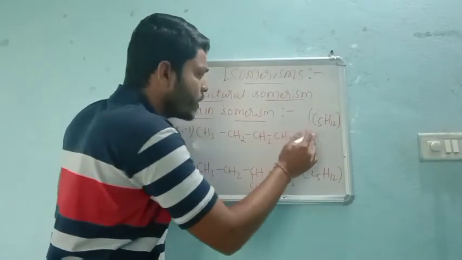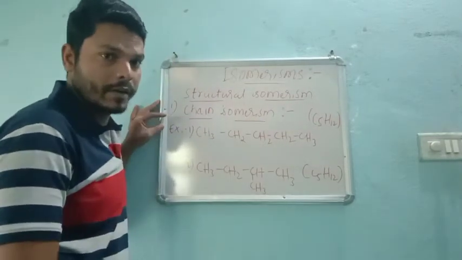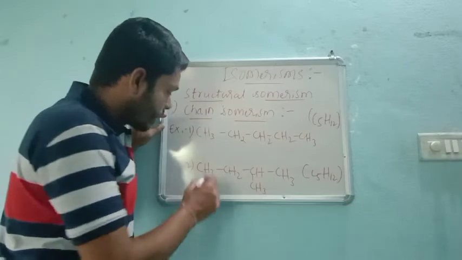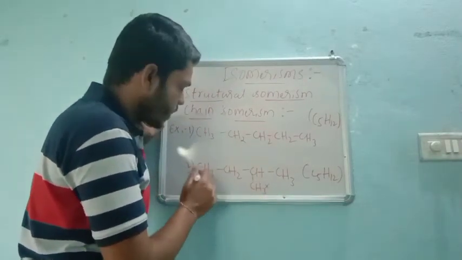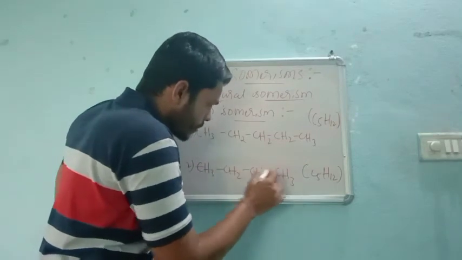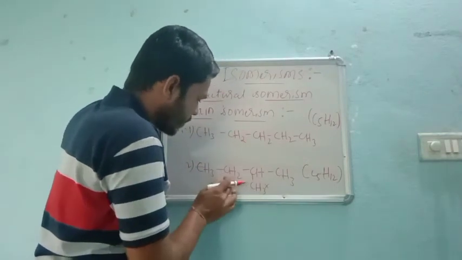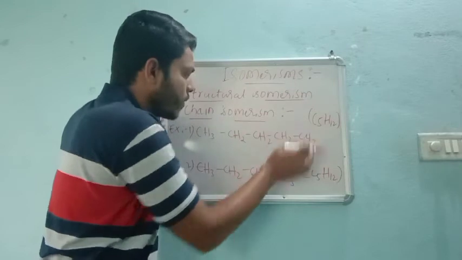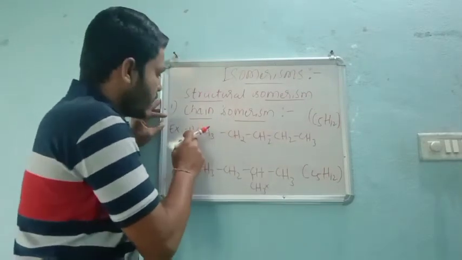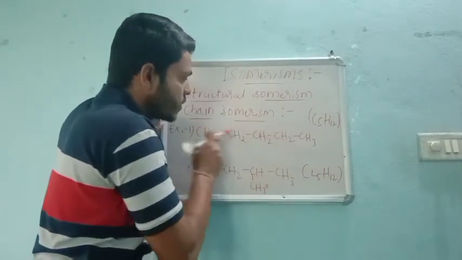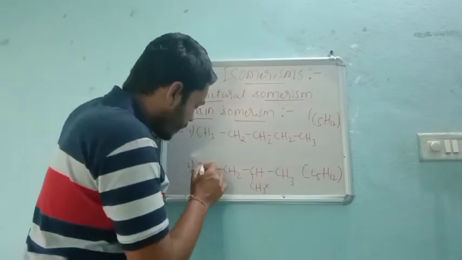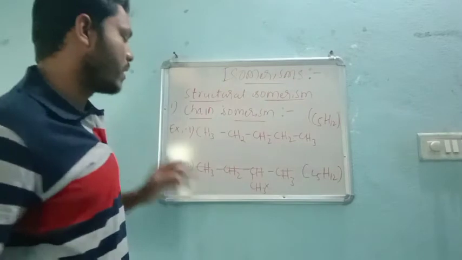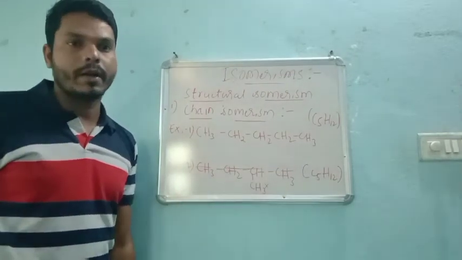The straight chain has 5 carbons directly, but here, you leave this, this is a branch. They have the same molecular formula, but in the straight chain they have all 5 carbon atoms, while here in the main chain we have only 4 carbon atoms.